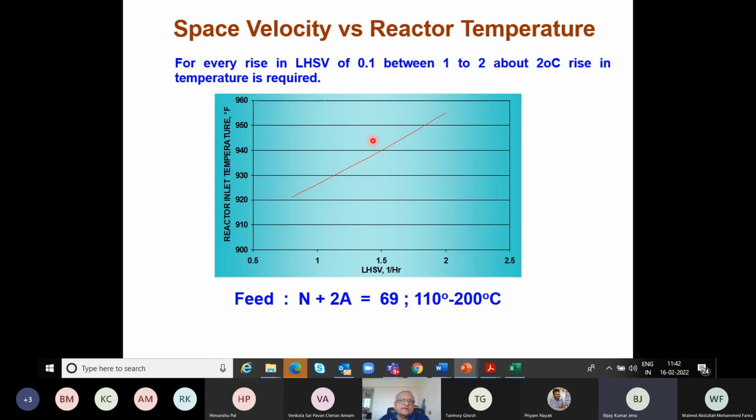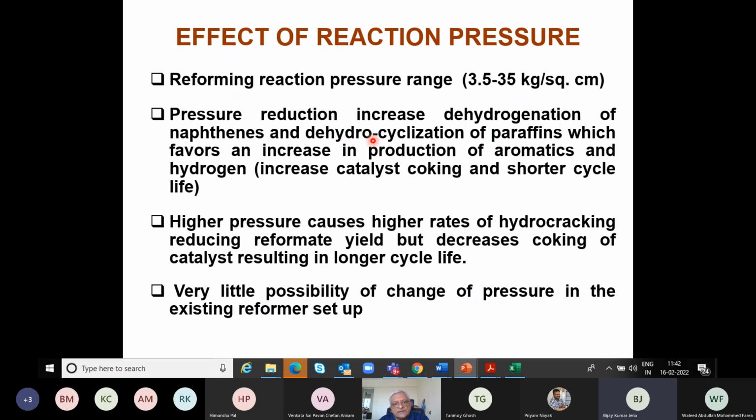So the operator always tries to push maximum flow rate given the constraints of the pumps, compressors, pressure drop across the reactor, etc. So LHSV is always at its highest, because it's the high space velocity. And whatever octane barrels we would like to get, the only handle available with the operator is the weighted average inlet temperature.